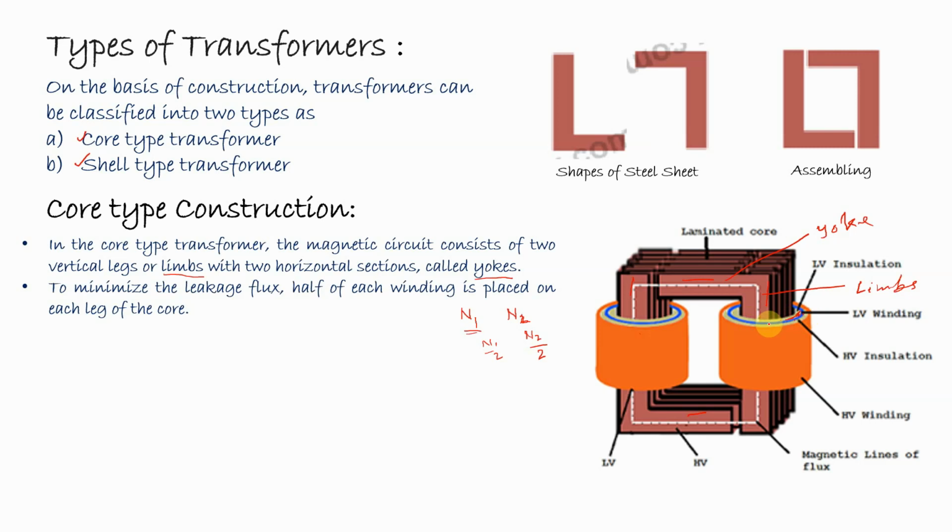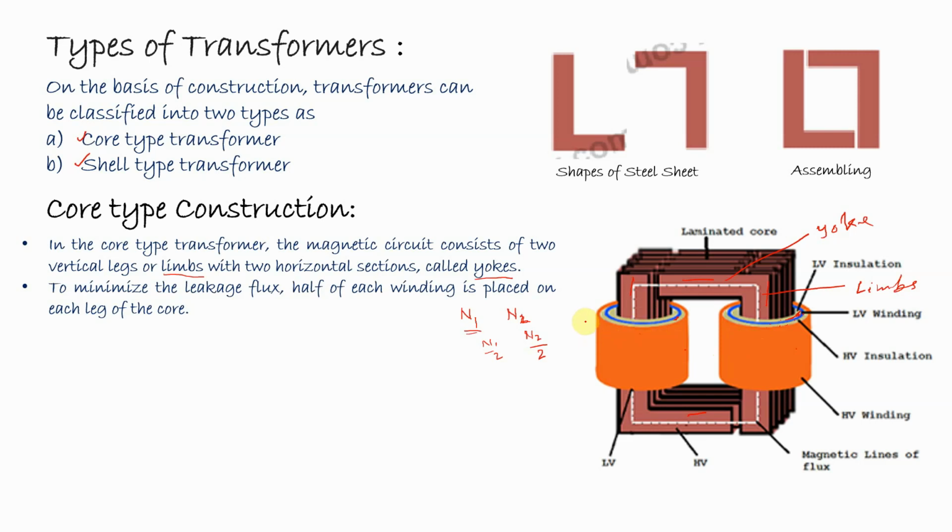Half of the low voltage winding is placed on one side and the other half on the other leg. Then again some insulation is put on the low voltage winding and then half of the high voltage windings are placed on each limb. So this is the basic structure of the core type transformer.